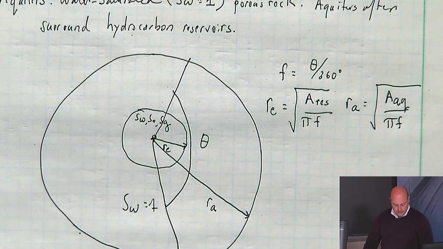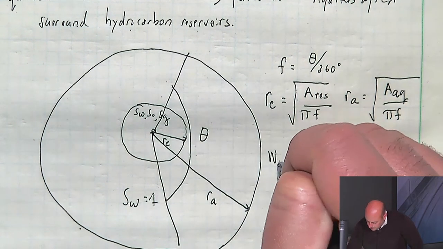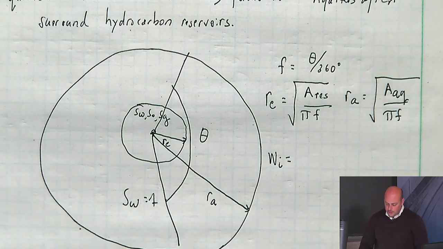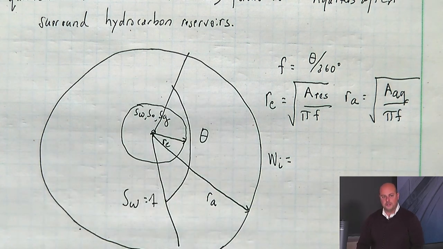And then if you wanted to calculate how much water is in the aquifer, we're going to call that Wi. Probably going to measure it in barrels. And what is that? That's going to be the volume of the outer cylinder minus the volume of the inner cylinder.